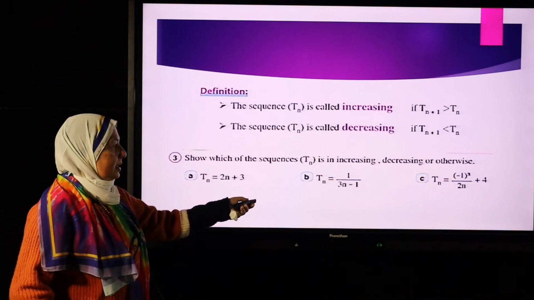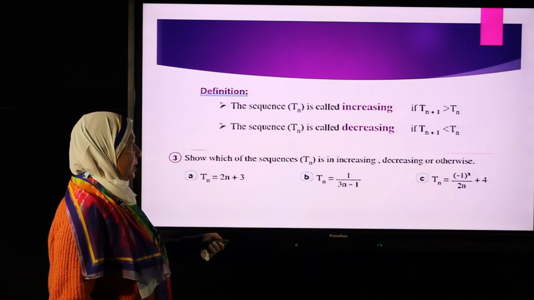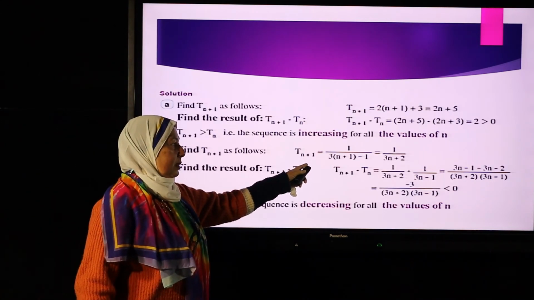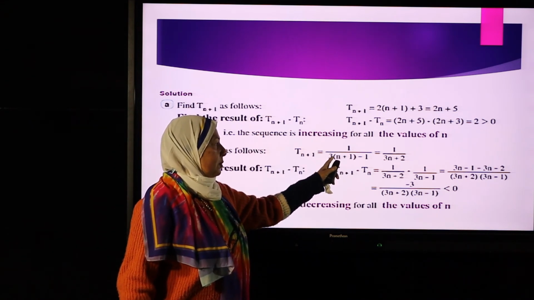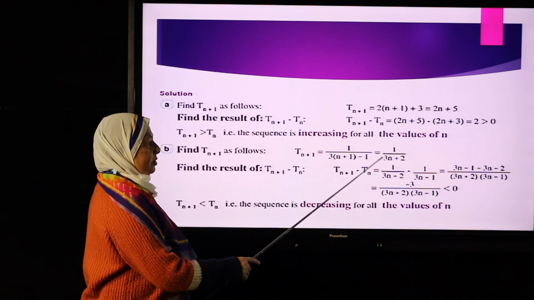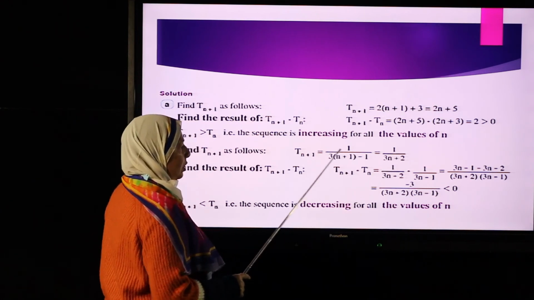Second sequence, Tn equals 1 over (3n minus 1). With substitution, n becomes n plus 1, equals 1 over (3 times (n plus 1) minus 1). 3 times n, 3n. 3 times 1 equals 3 minus 1 equals 2.